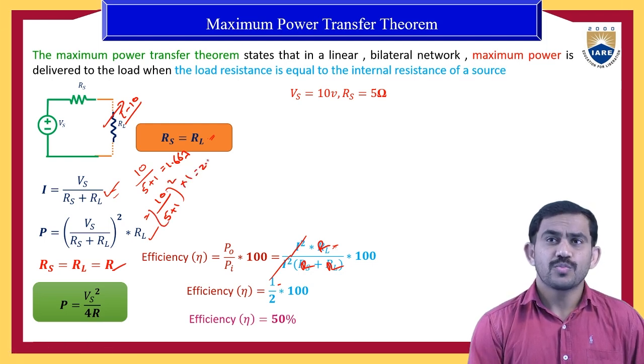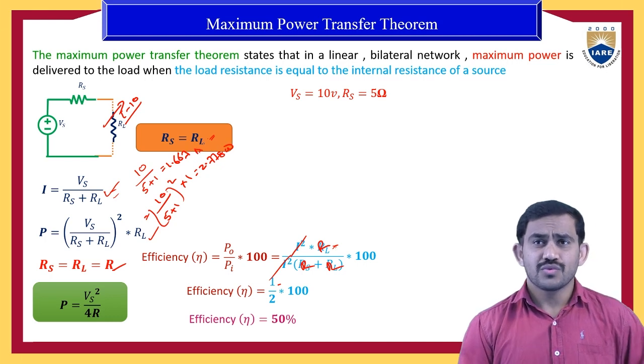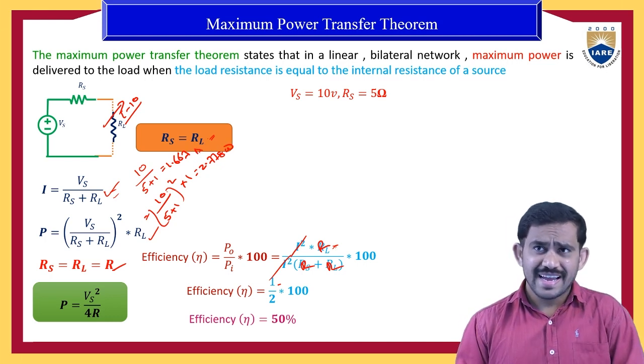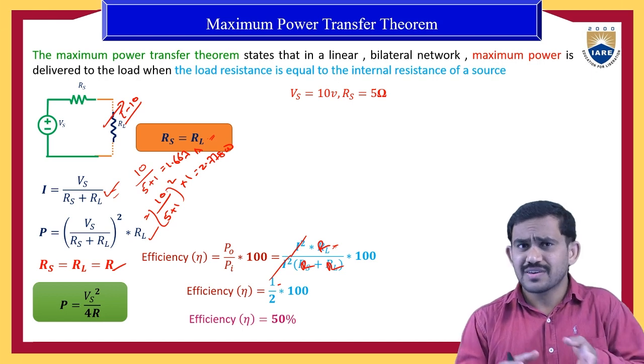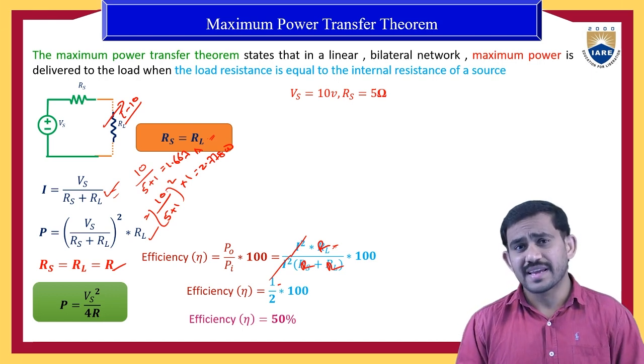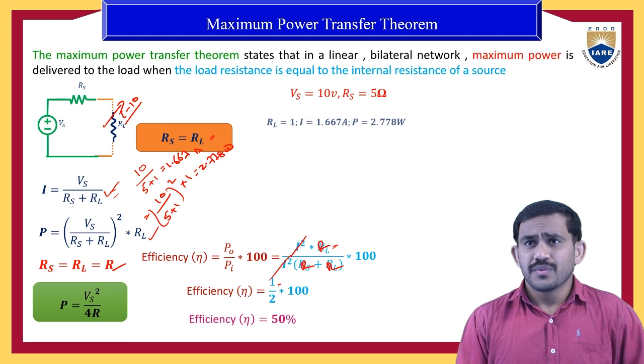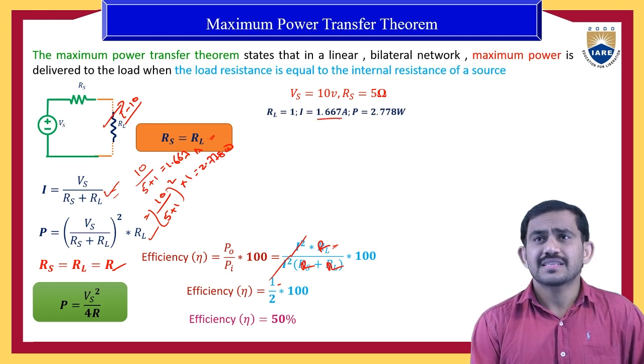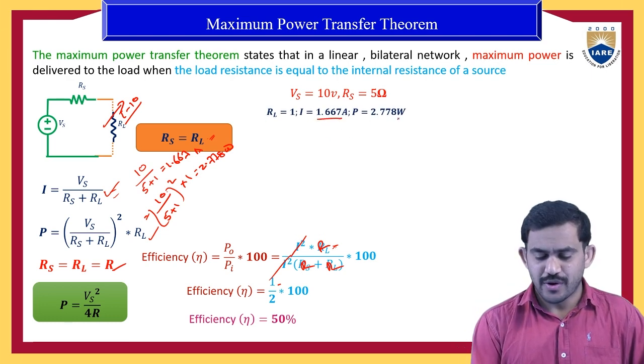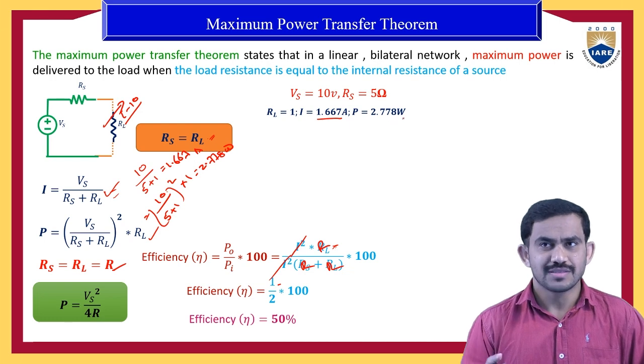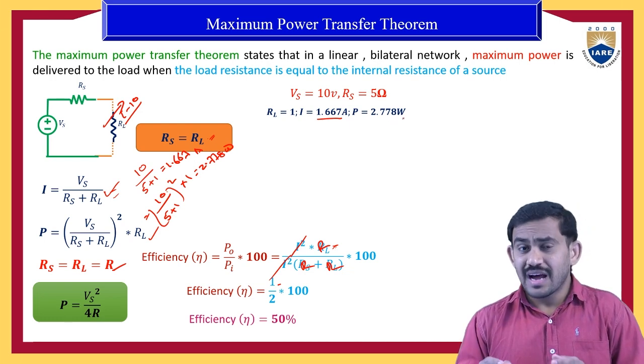So how much will we get? 2.778 watts. So when RL is 1, I is 1.66 amps and power is 2.778 watts.